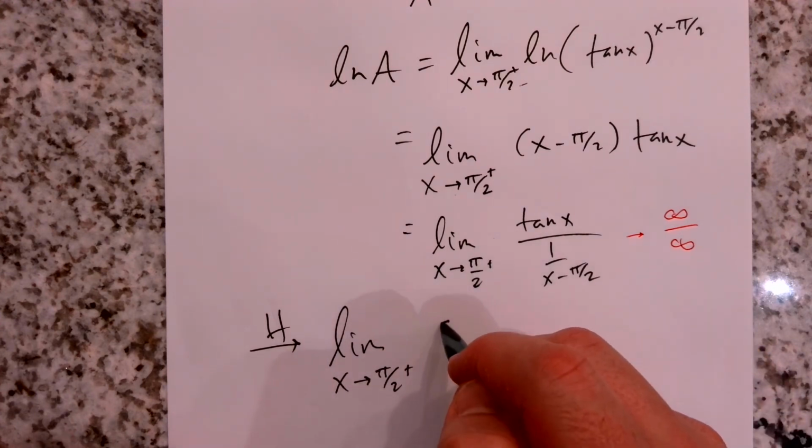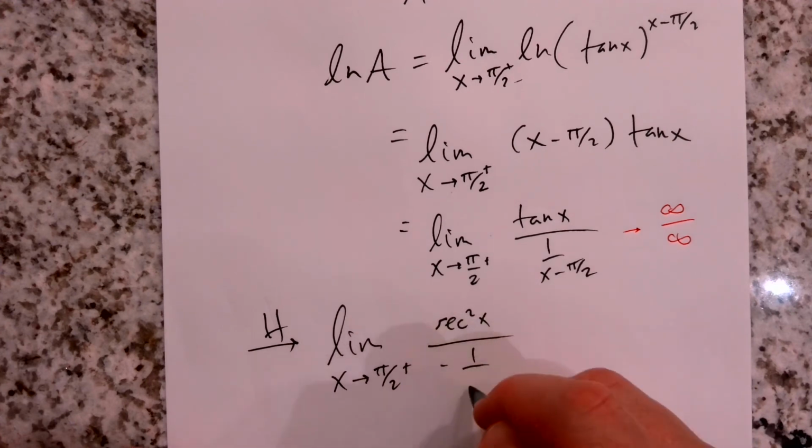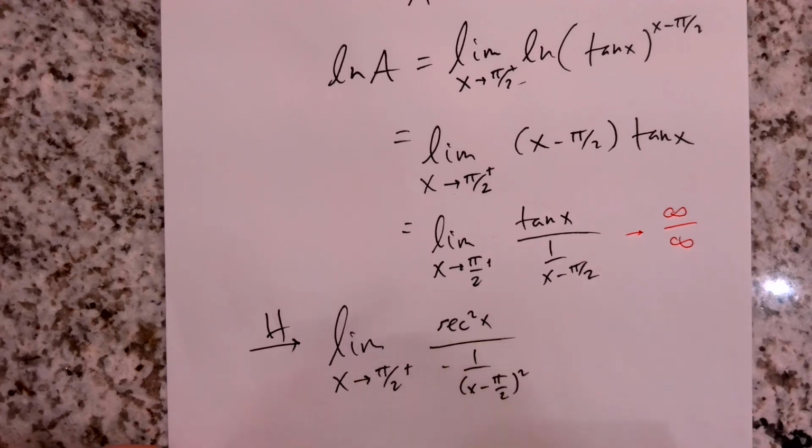Tangent x differentiates to secant squared. 1 over x minus pi over 2 differentiates to 1 over x minus pi over 2 squared. We could, if we were so inclined, plug pi over 2 into this, but it's actually better to do some math to rewrite this.